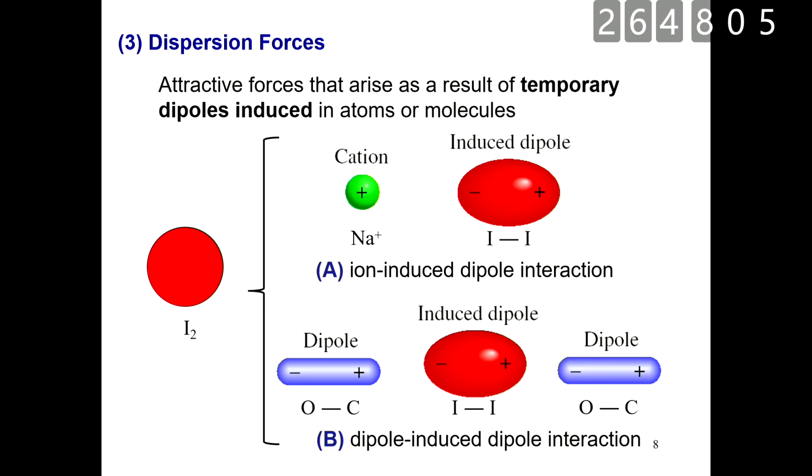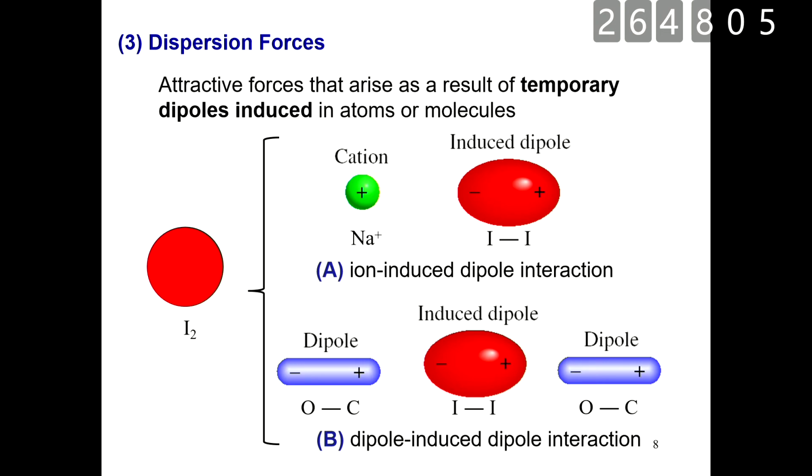Why does it have a temporary dipole? Because the size of the molecule is large, so it is easy to be changed. And the way it's changed, it's possible one part has some negative charge and one part has some positive charge. So when the sodium comes close to this, they will form the intermolecular forces. So this is called dispersion forces.